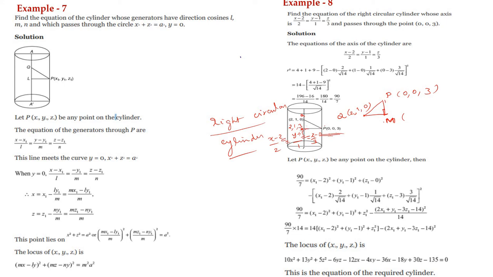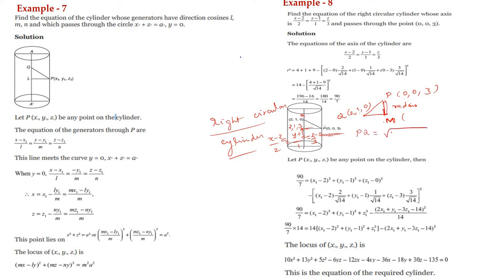This PM is the radius of the cylinder. So if we consider the right angle triangle, by the distance formula we can get PQ.